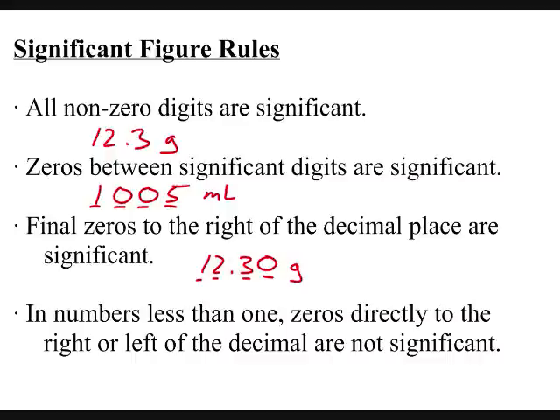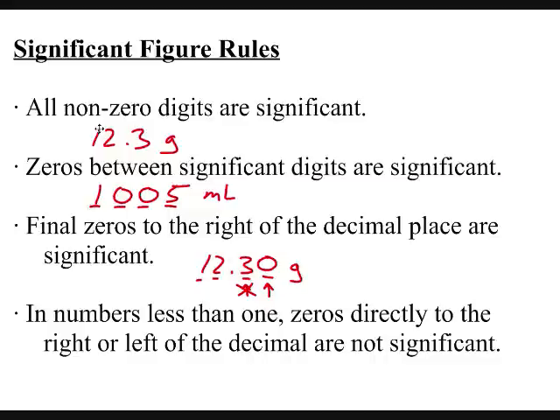So obviously, if you measure the mass as 12.3, your uncertain digit would be the 3. So you're estimating to 1/10 of a gram. If your balance tells you 12.30, the balance now is indicating that the 0 is the uncertain digit, not the 3. And so you have more precision. So you need to convey that in the number that you write down as the value.